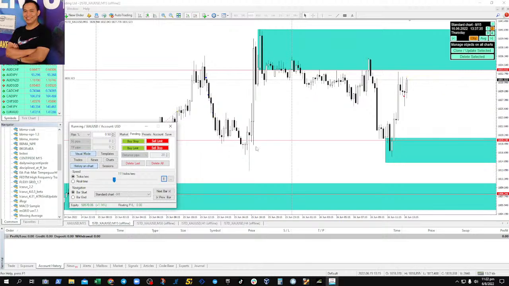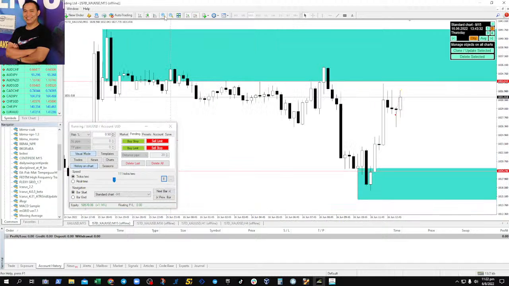That's a tricky move down there, huh? Both sides making a wick, and it just took our stop. So now I really don't know where it will go.